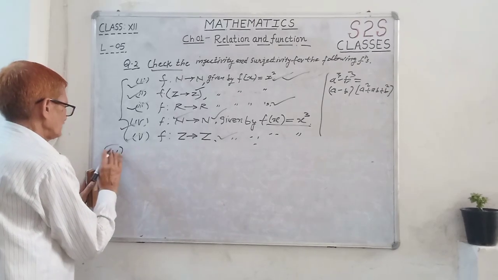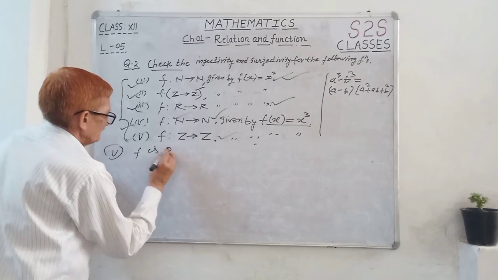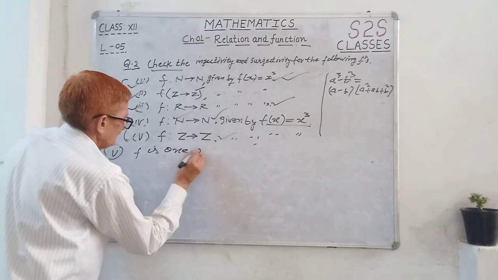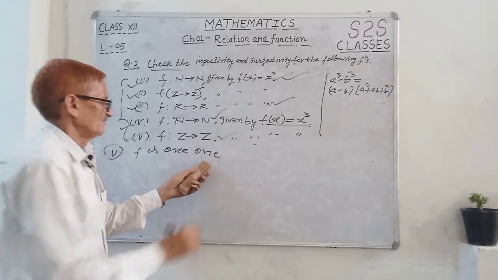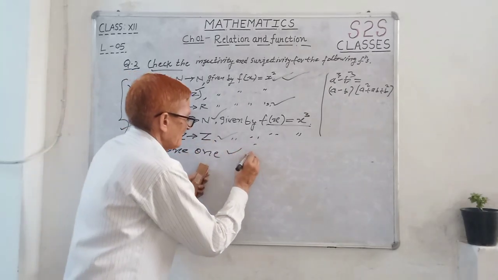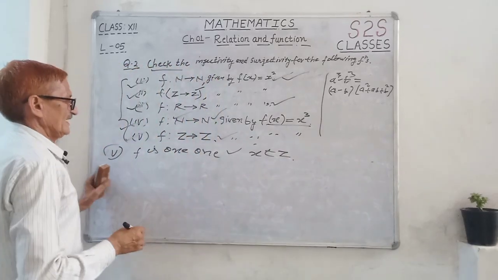For the fifth part f is 1-1 for integers, okay, 1-1 for x belonging to integers, the x cube function.